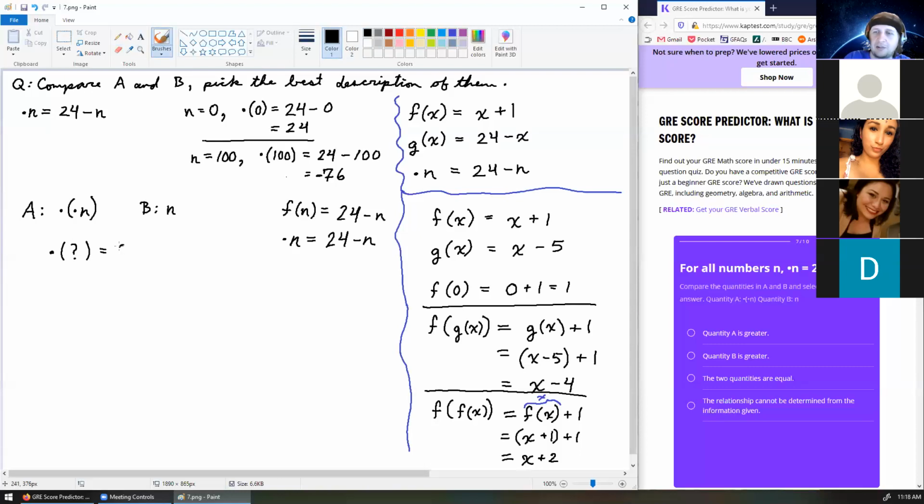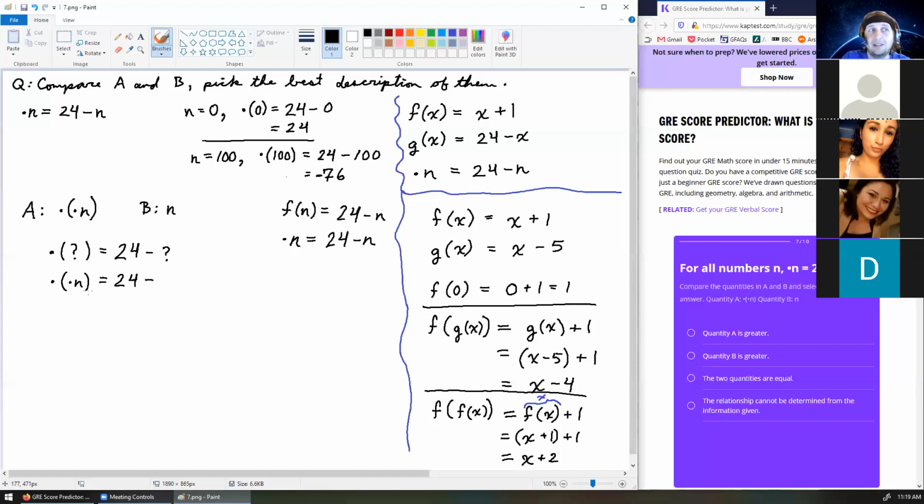That's going to get us 24 minus whatever it is. So if we put in dot n, that's going to get us what? 24 minus n. Minus n? That's not what we put in.